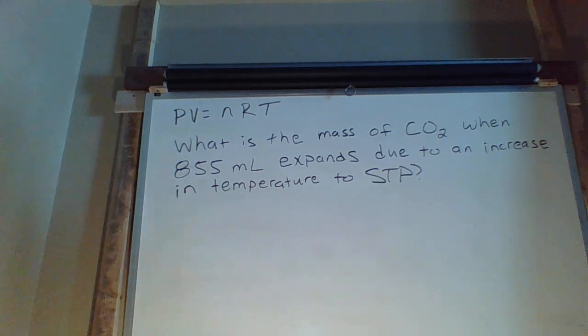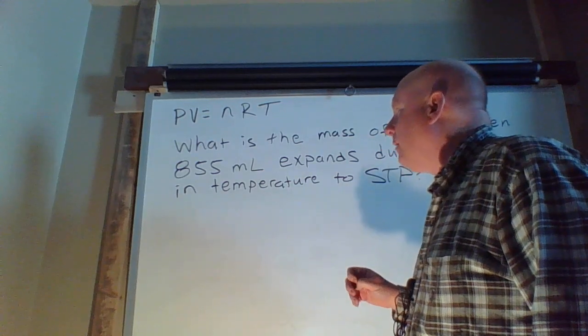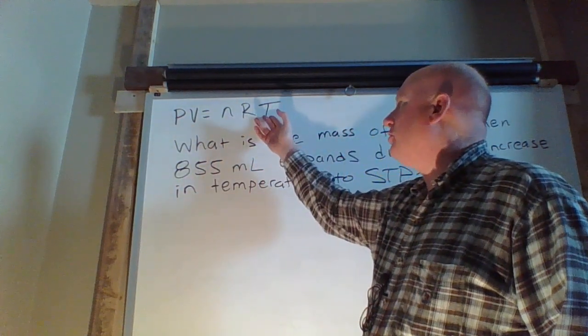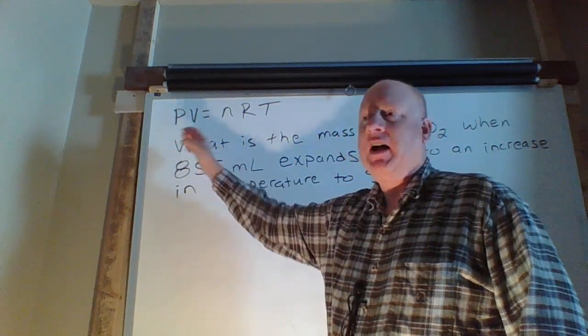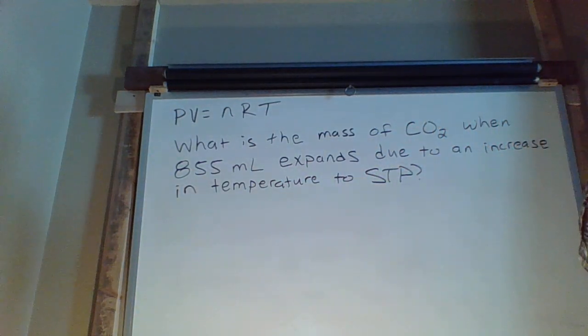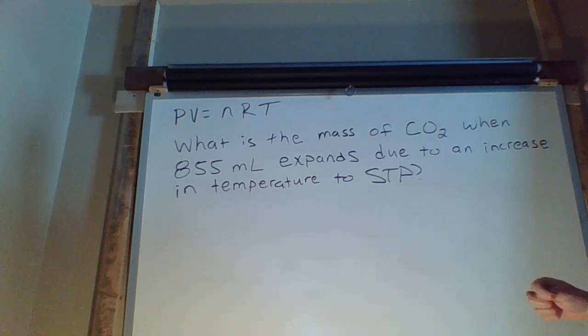In other words, when it comes to an ideal gas, sometimes you're given not just the volume, but you might be given the temperature and possibly a different type of pressure, because not all gases are going to be measured at STP or near STP or raising them to standard temperature and pressure.